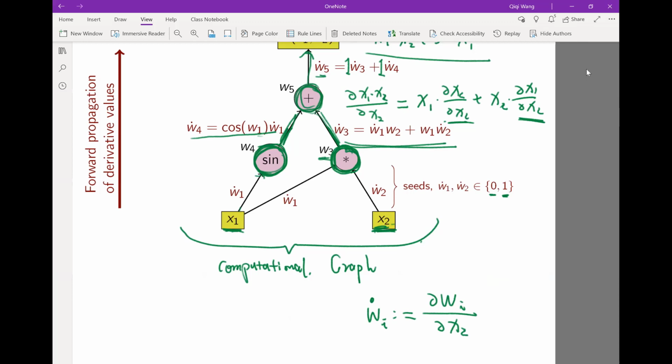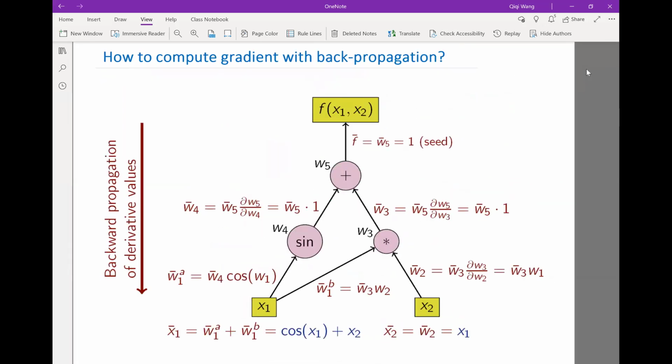So basically that's really the perturbation or the derivative of every intermediate variable with respect to the input. In backpropagation, we have Wi bar as opposed to dot. That's defined as the derivative of the final output with respect to that particular intermediate variable.